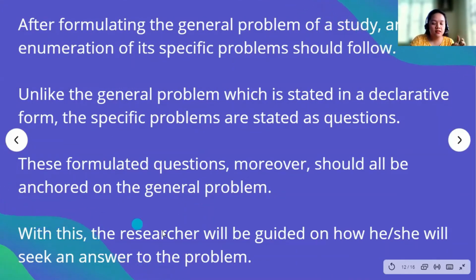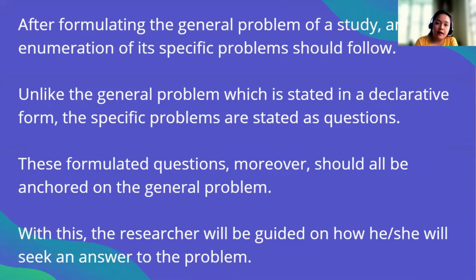With this, the researcher will be guided on how he or she will seek an answer to the problem. So, ang general problem ay crafted or ginagawa mo in a paragraph form. So, general problem yung paragraph. Ang specific problem is yung research question. Okay?